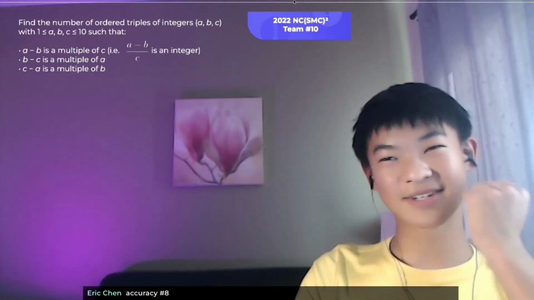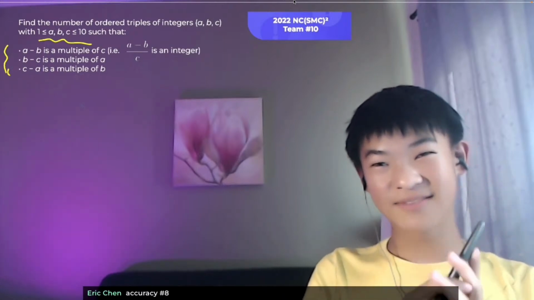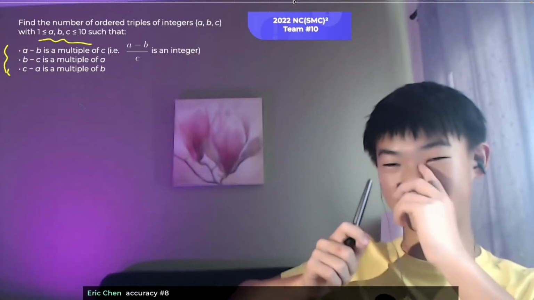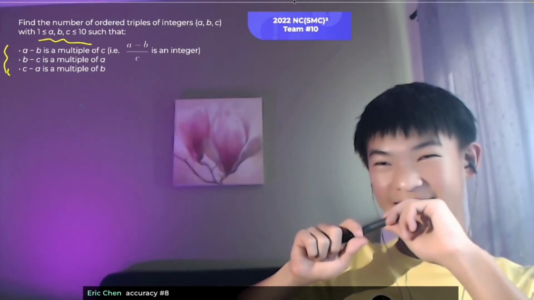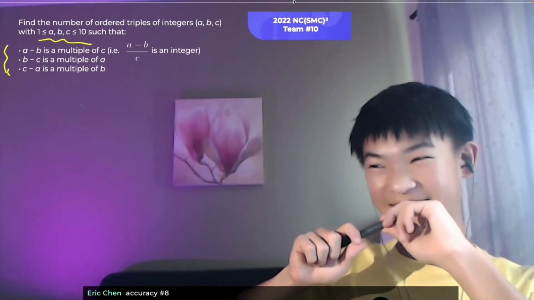All right, so for team number 10, find the number of ordered triples of integers a, b, and c with these conditions, such that a minus b is a multiple of c, b minus c is a multiple of a, and c minus a is a multiple of b. Okay, this will be fun. Modular arithmetic.